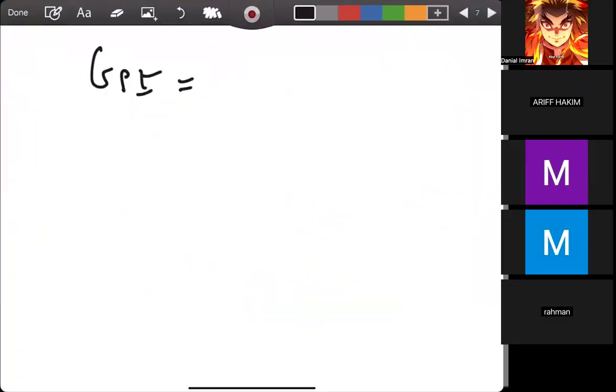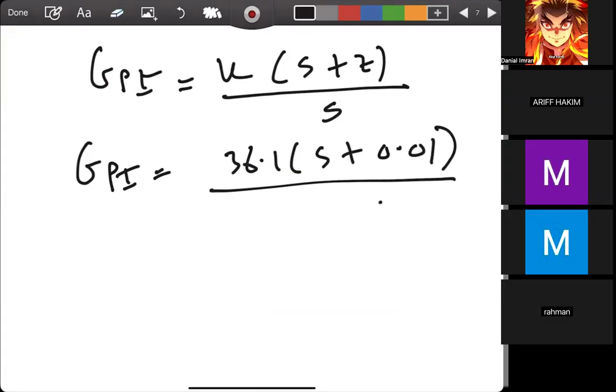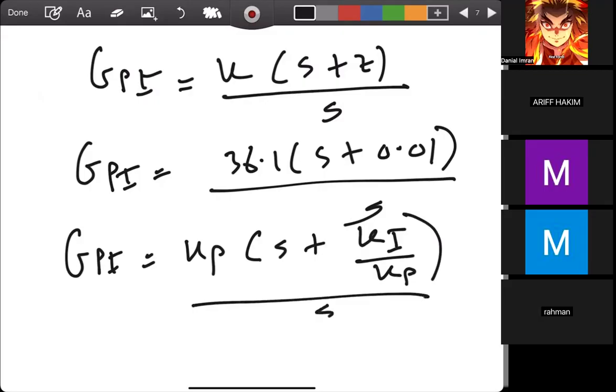GPI is equal to Kp plus Ki over S, which is GPI 36.1 S plus 0.01 over S. And this one is GPI Kp S plus Ki over S. So you compare. Can you compare this?